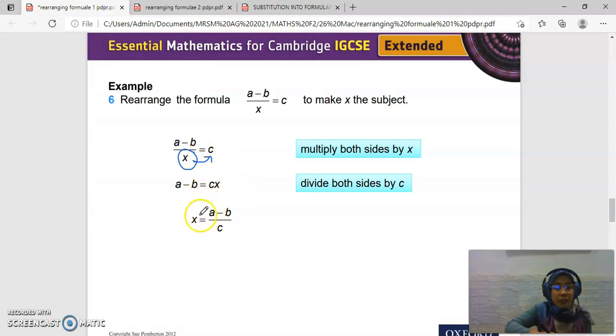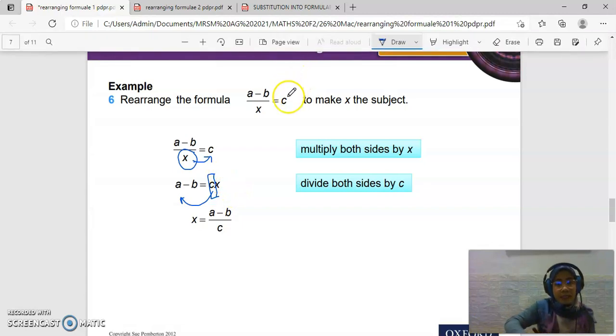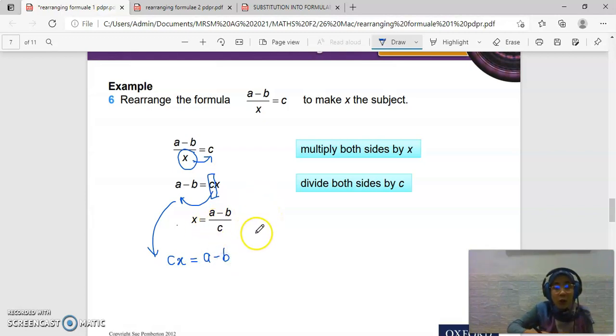We want c going to the other side because we want x only on the side of the subject. To make it easier, if you don't want to be confused, you can swap sides: a minus b equal to cx, or cx equal to a minus b.